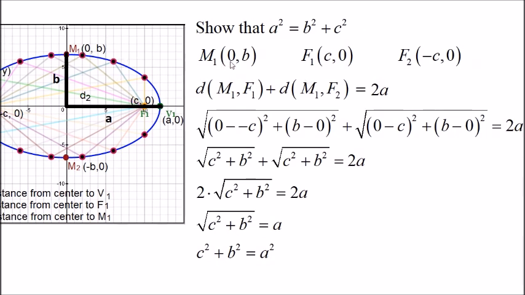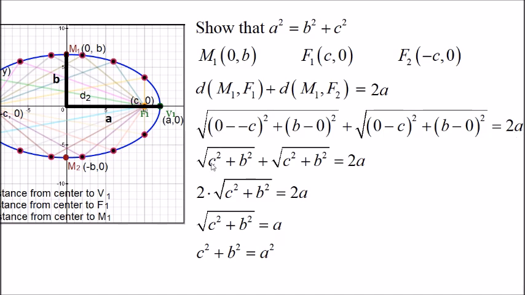M1 is located at 0, B. F1 is located at C, 0. F2 is located at negative C, 0. The distance from M1 to F1 plus the distance from M1 to F2 is equal to 2A.